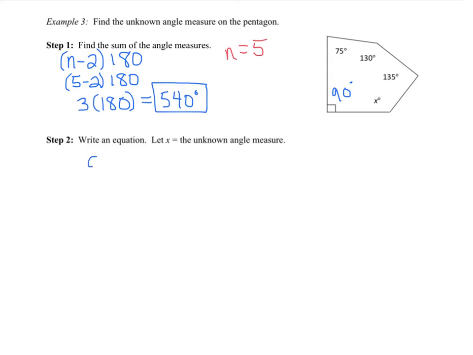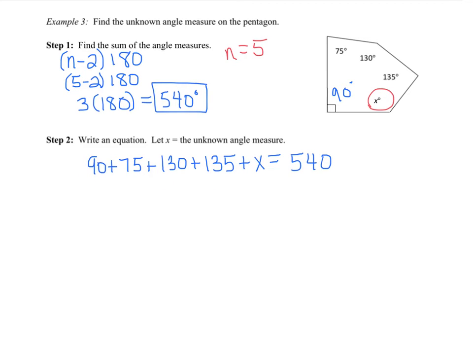We're going to say 90 plus 75 plus 130 plus 135 plus x equals, and we're going to set it equal to what we just found, the total interior angle measurement, which is 540 degrees. Remember, we want to find x here. Our next step is you want to combine our like terms.